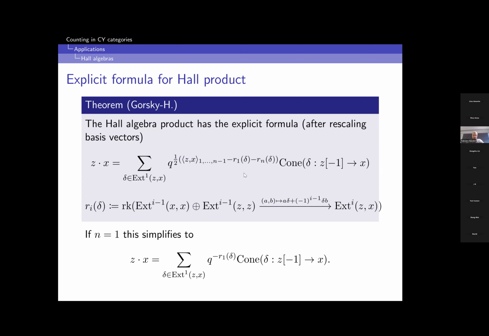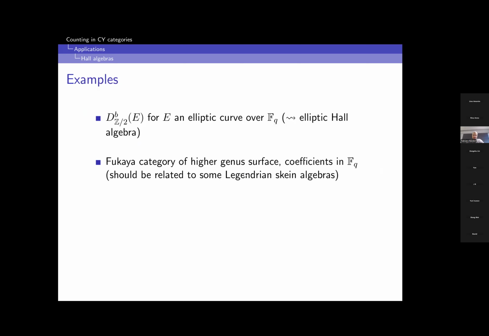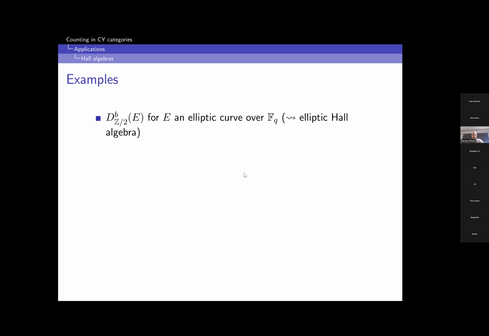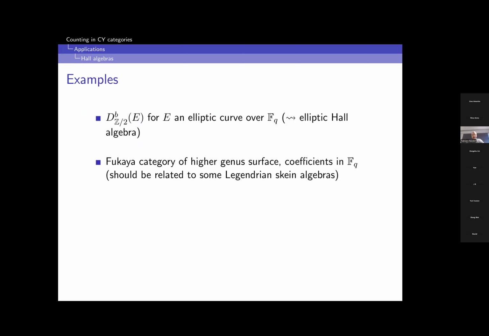Okay, so this is the explicit formula, and examples of odd Calabi-Yau categories where we can apply this are two-periodic complexes of coherent sheaves on some elliptic curve over a finite field, and it agrees with this Drinfeld double construction. Another potential example is the Fukaya category of a higher genus surface.